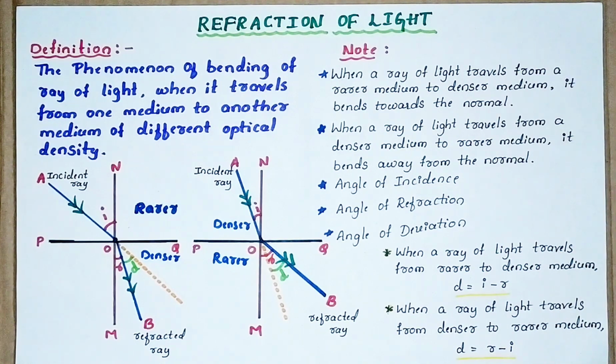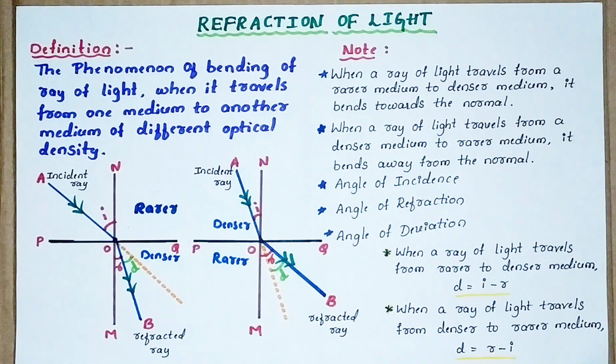So these two points you have to remember before studying refraction of light. What is the first point? When light travels from a lower density to a higher density medium, the speed of light decreases. And the second point is when light travels from a high density medium to a low density medium, automatically the speed of light increases.